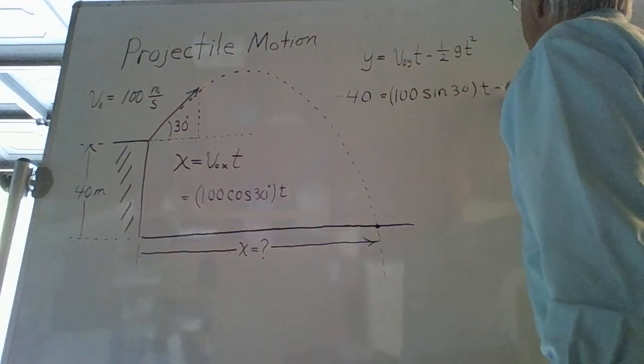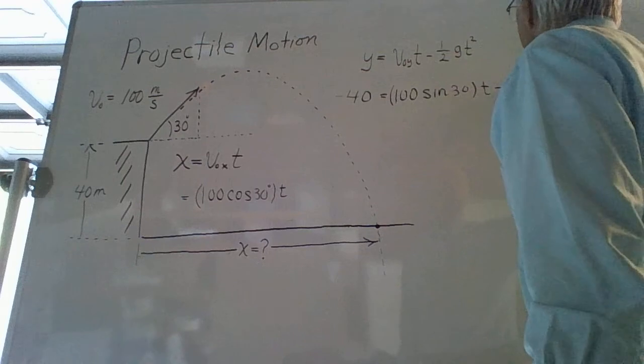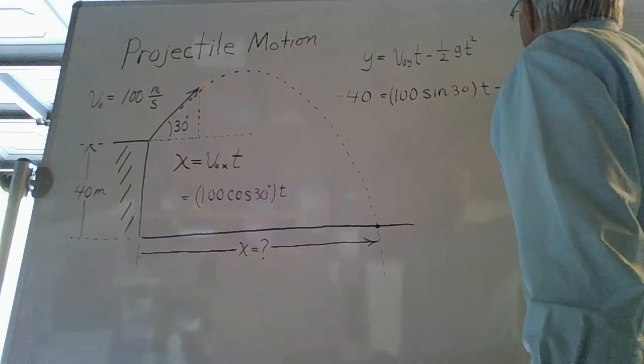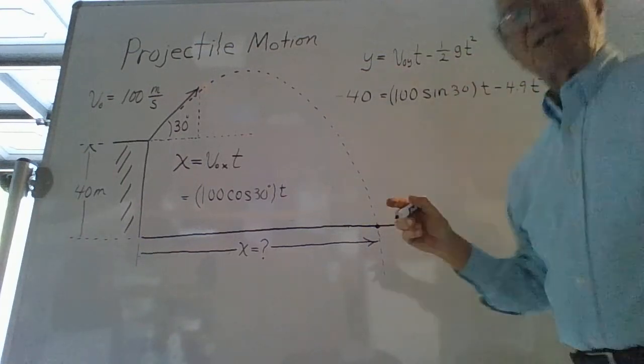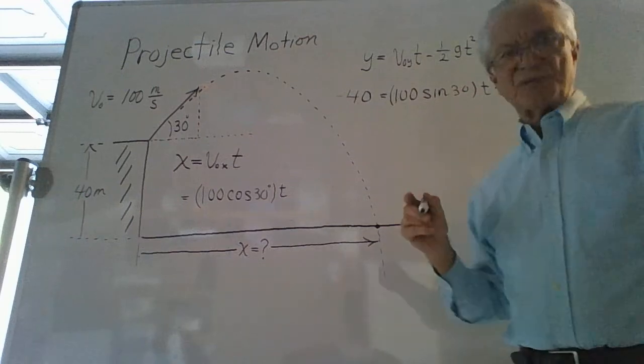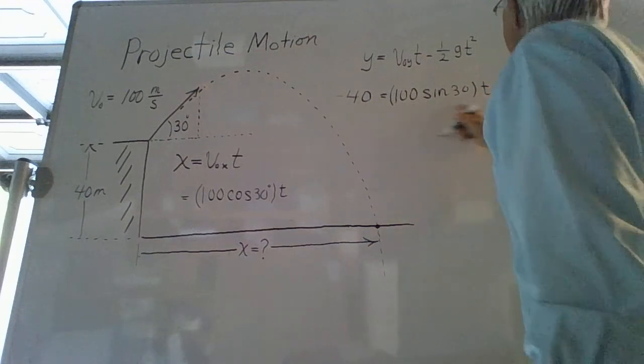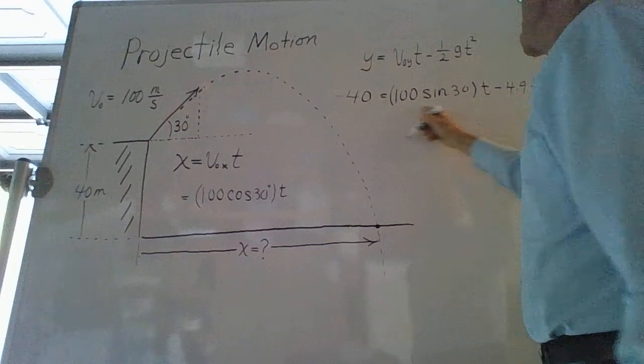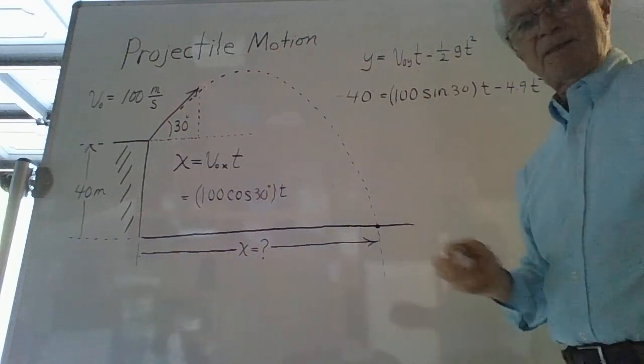Continuing, this is negative 4.9 t squared. I'll have to remind you that g is 9.8 meters per second per second. Well, this equation involves only one unknown, it's t.